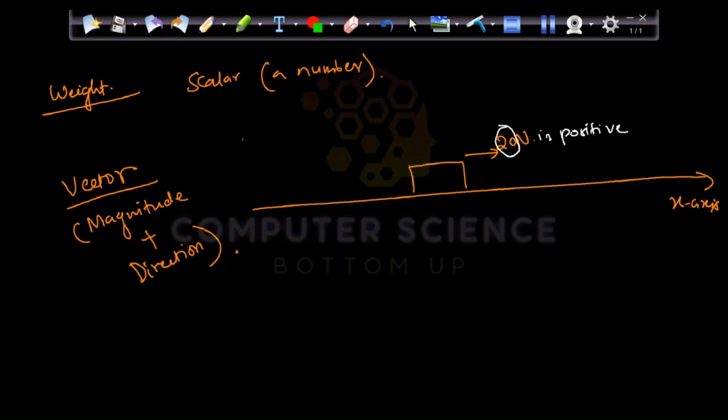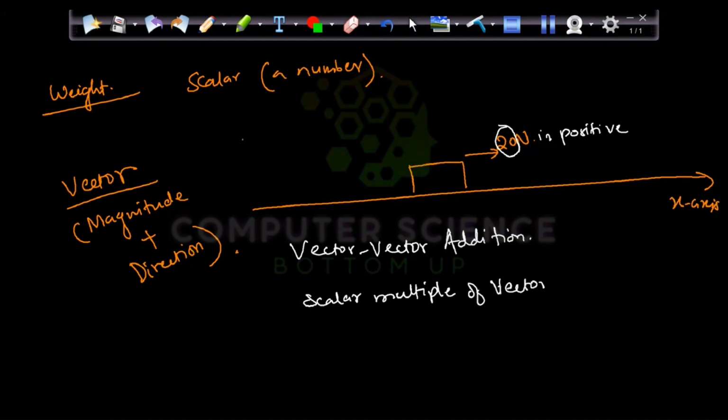So this is the thing about a scalar and a vector. A vector is magnitude and direction both, and a scalar is just a number. Scalar addition or scalar multiplication, all of these things are just numerical operations that you know how to do. When it comes to vectors, there are two things that we will look into, which are vector addition and scalar multiple of a vector.